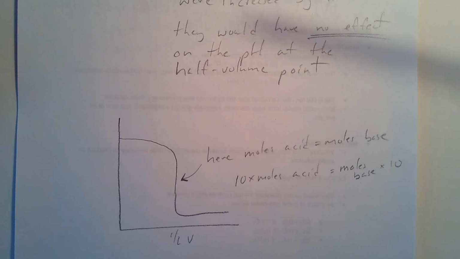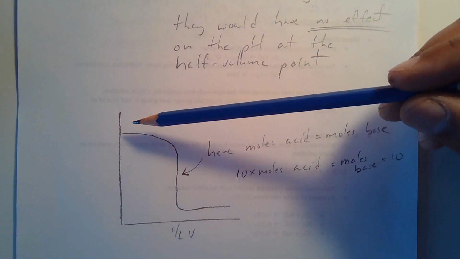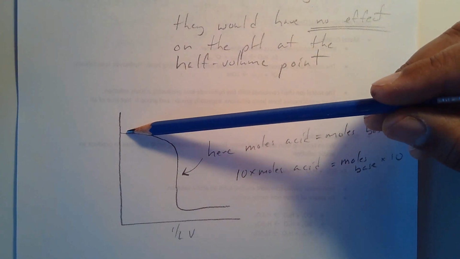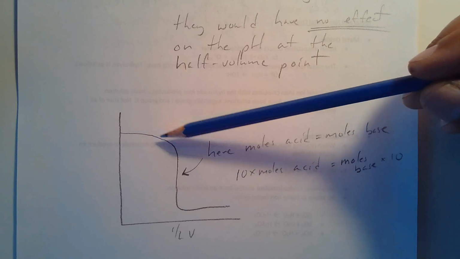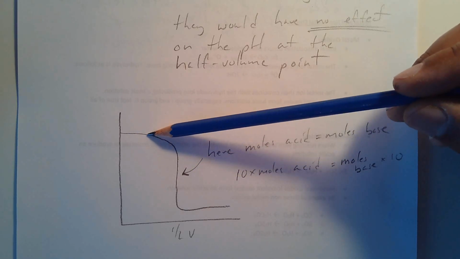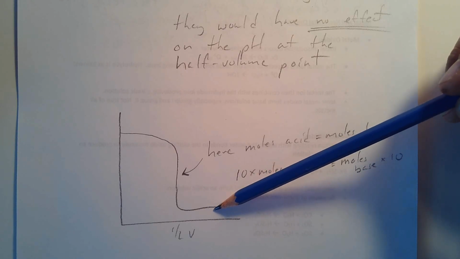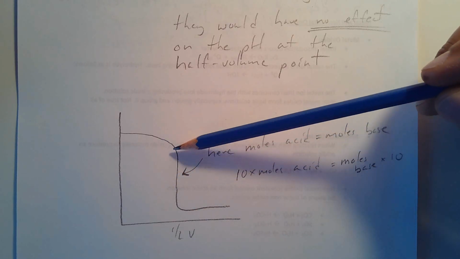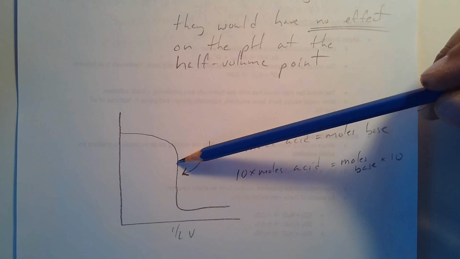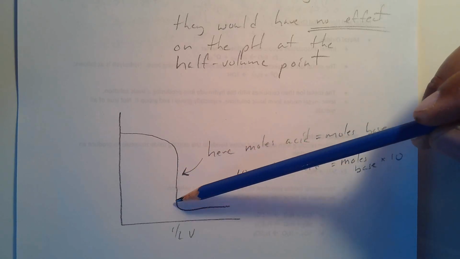Here's a graph where we're starting with a weak base, the aniline, so you see a little more of a curve on this part, and then we're ending with the strong acid. That's why this one is flatter. Here's your half point volume of the titration, which is where your end point is going to be contained.